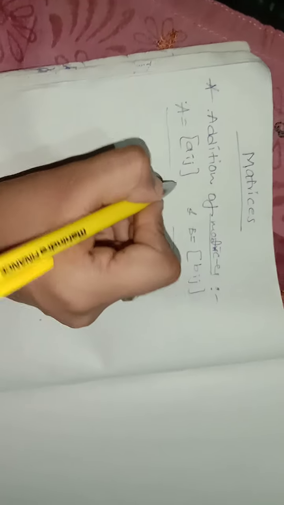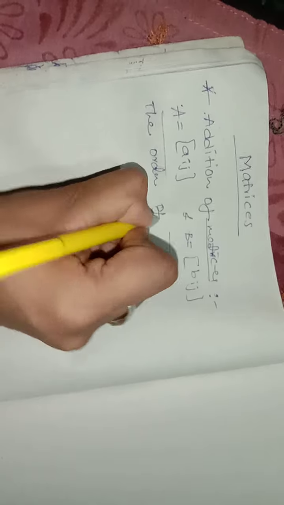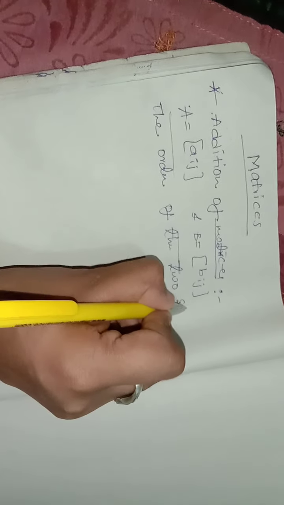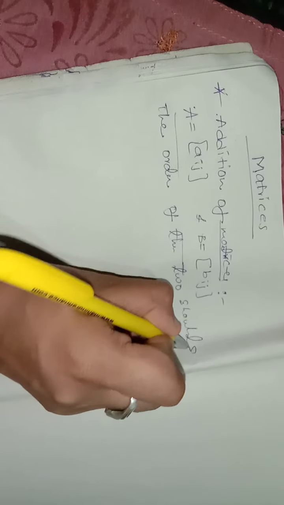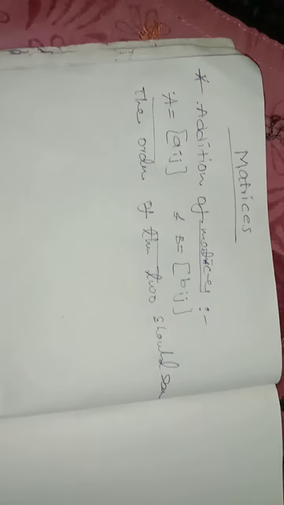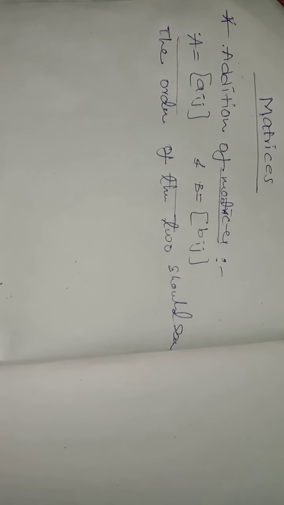The two matrices are added only when the order of the two matrices is the same. For the addition of matrices, the order of any matrices that you are going to add should be the same.